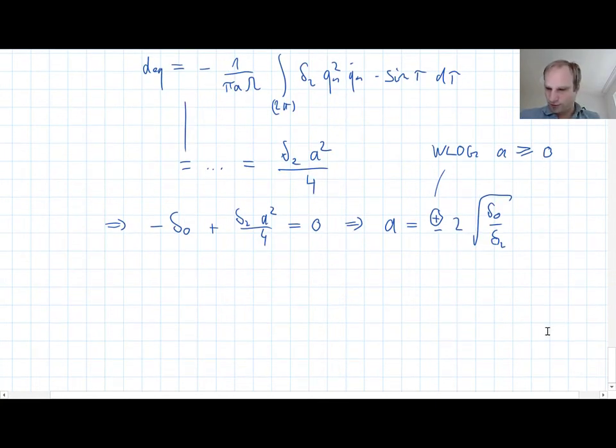Okay, because this does not lead to any different solution. It's just we have to shift the phase then in order to get the same results. So this is now the solution that we get here.